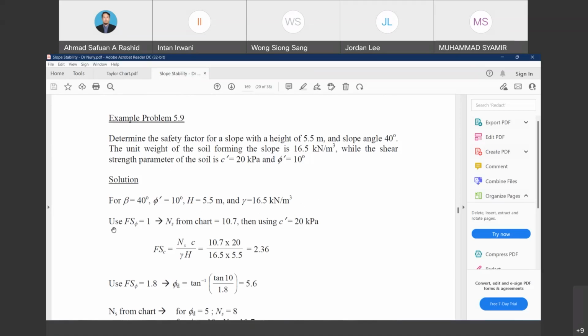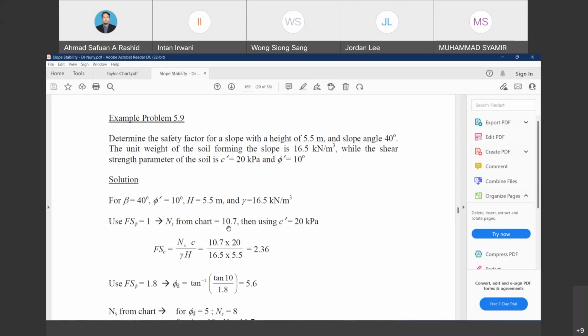The author used a factor of safety equal to 1 to begin with. So when we use a factor of safety of 1, definitely the phi that we use is 10. From the chart, when phi is equal to 10 and beta is equal to 40, we obtain 10.7.